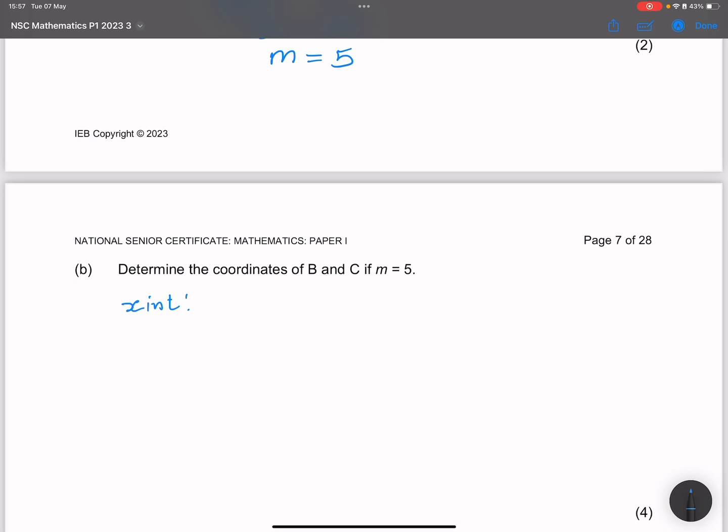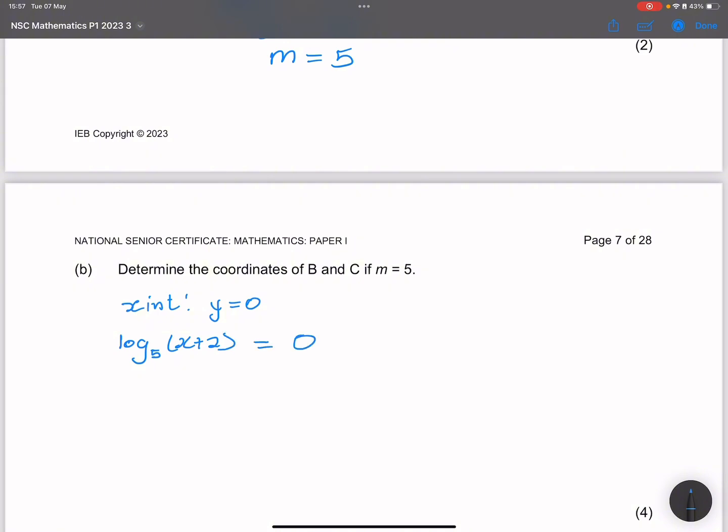Which are the coordinates of b in that case? We know that at the x-intercept, y is equal to 0. So that would mean that log of x plus 2 base 5 is equal to 0.